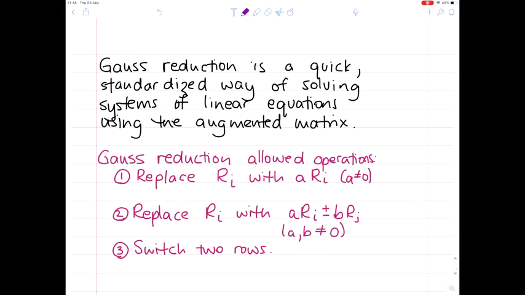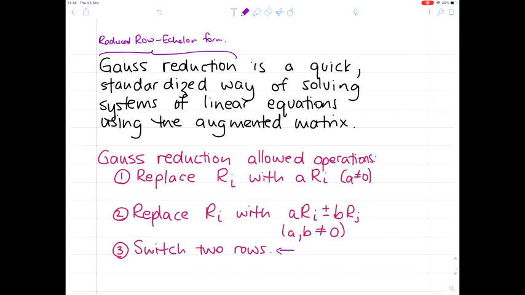So Gauss reduction, which we also called finding the reduced row echelon form, is a quick standardized way of solving our systems using the augmented matrix. So remember, there are three things that we said we could do in a slightly different order here.